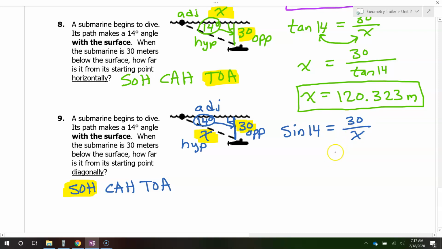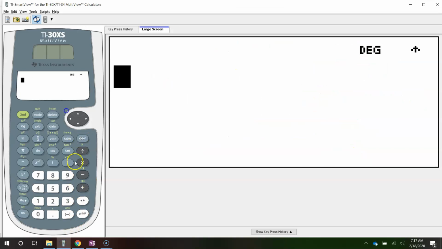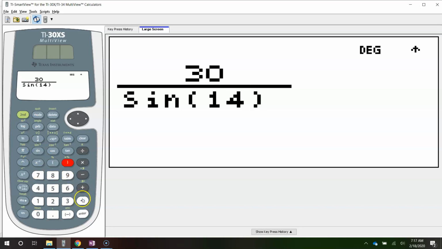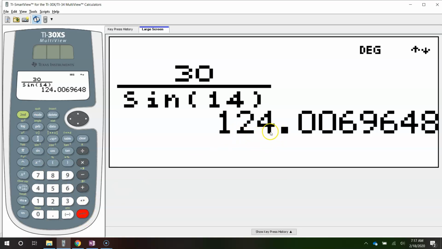So you ask yourself, will we multiply, swap, or inverse? When the variable is in the denominator, this is when you swap. So I'm going to have the x over here, and the sine 14 will end up down here. And then that is a calculator issue. 30 over sine 14 is 124.007.